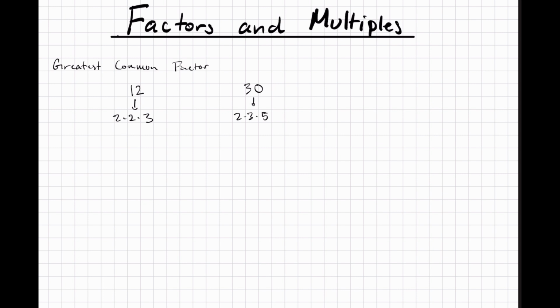So all we did was a prime factorization tree to figure out the prime factorizations of 12 and of 30. And now what we do is we see what's in common. Well, a 2 is in common. They both have a 2 in common. And they both also have a 3 in common. The difference lies in this: 12 has an extra 2 and 30 has an extra 5.